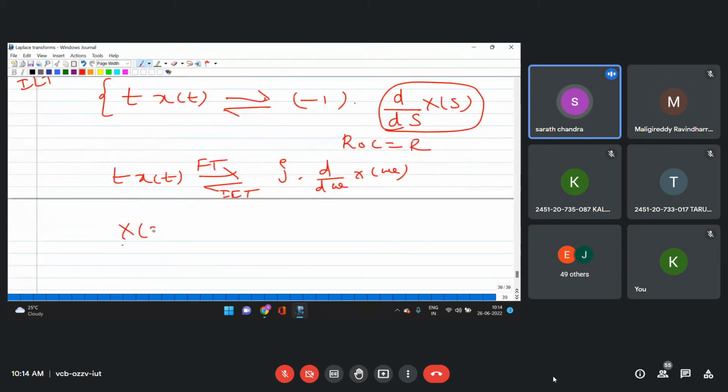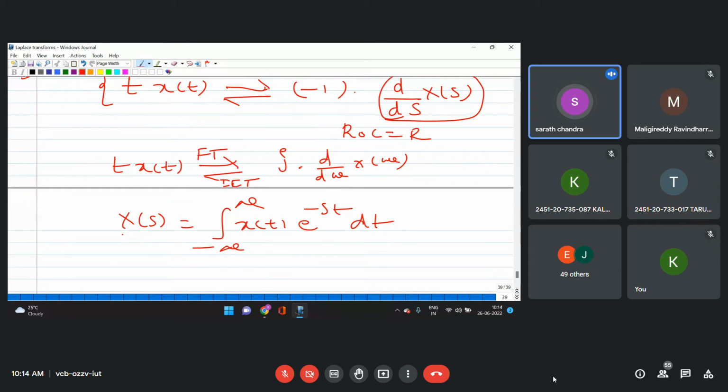So X of s equals the integral from minus infinity to plus infinity of x of t e power minus st dt, we have, right?